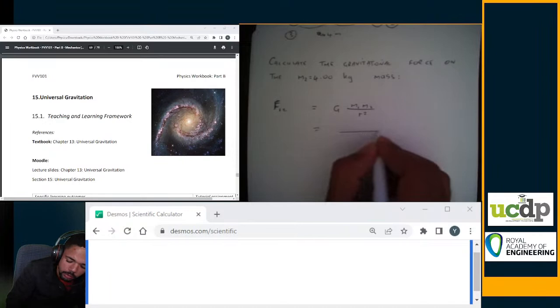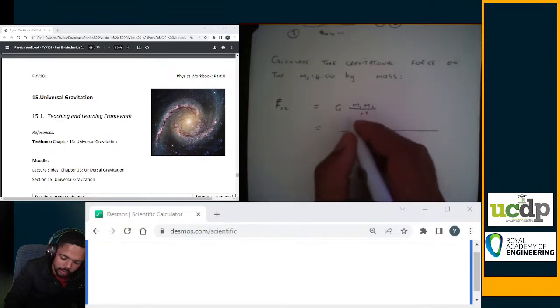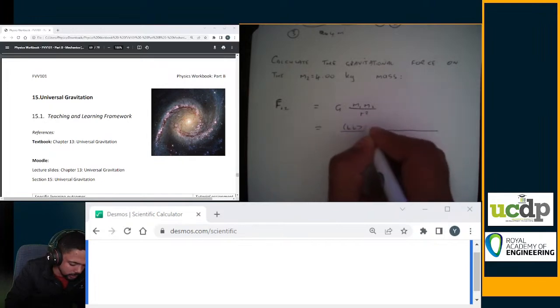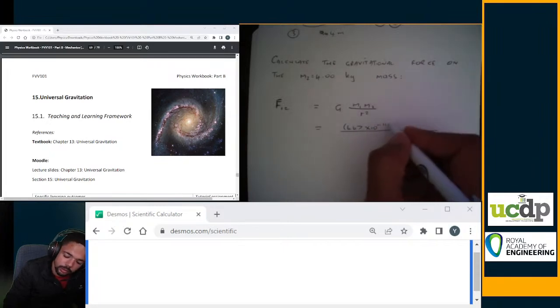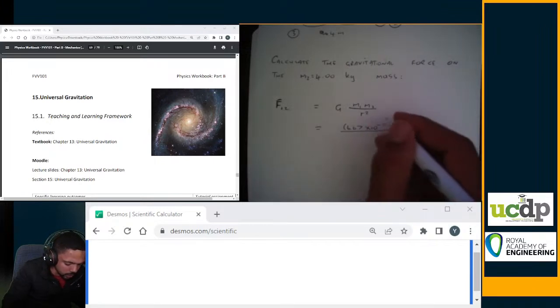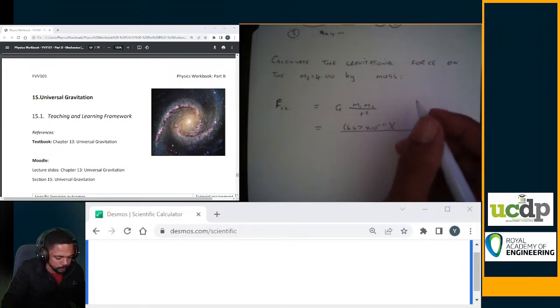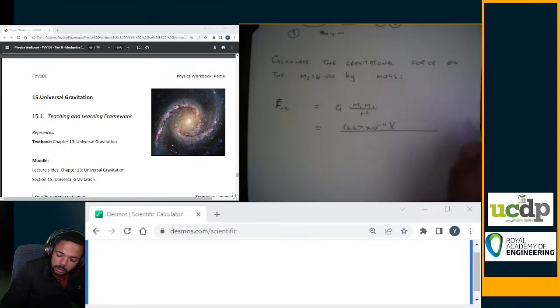Okay, now what is G? It's the gravitational constant. It is equal to 6.67 times 10 to the negative 11, and it has units of newton meters squared per kilogram squared, but I'm not going to put them in here now because I don't think I'm going to have enough space.